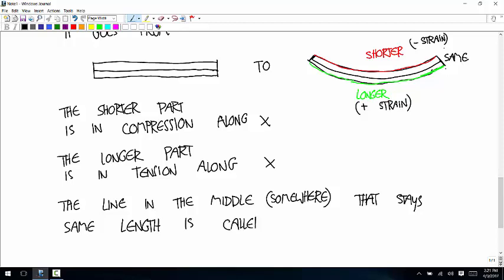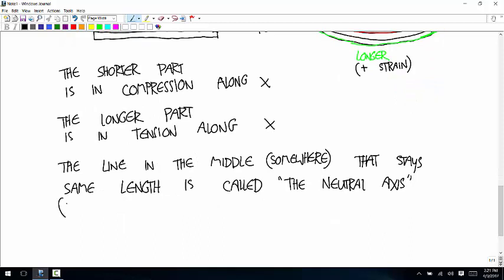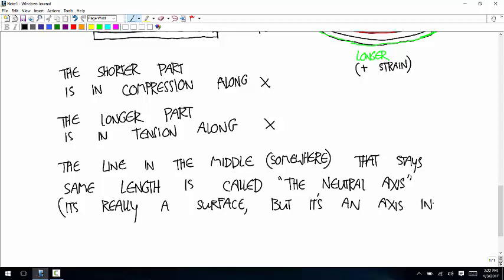Is called the neutral axis. It's really a surface, but it is an axis in the YZ plane.